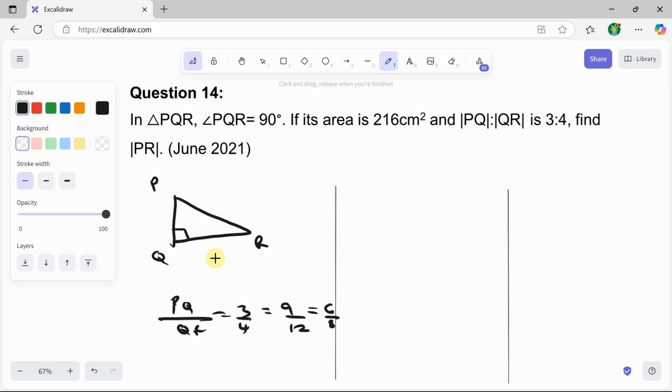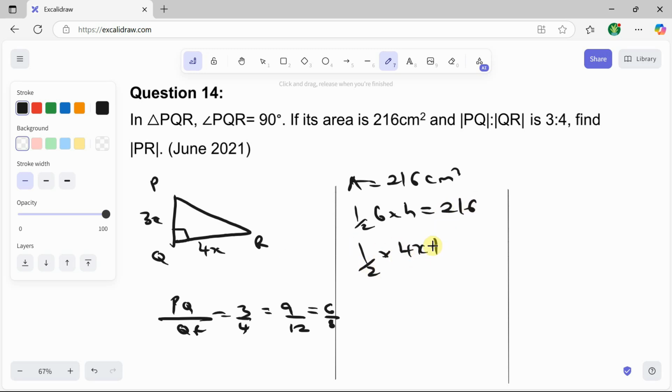So what I always do is that for my PQ, I'll just say 3x, and x could be anything, and then for my QR, I will say QR is 4x. It could be any multiple. We were told to find the length of PR. We're told that the area is 216 centimeters squared, and the area of a triangle is half base times height. So 216 equals half, and what is the base? The base is 4x.